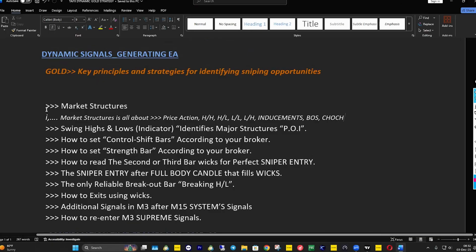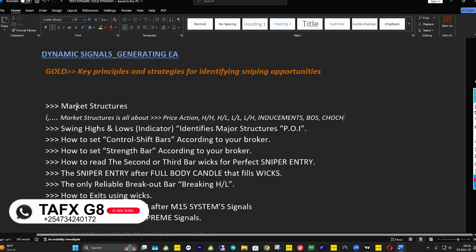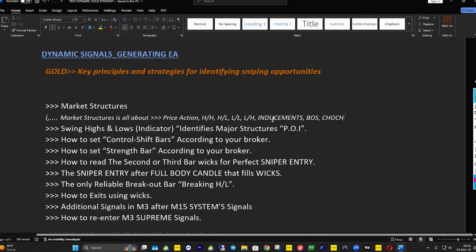Now, let's get into it and learn some small market structures. And we said the market structure is all about price action, higher highs and higher lows, inducement, and so on. And I'm going to give you a very small hint of how easy it is with this system to know the real supply or demand zone, because that is all about the market structure.